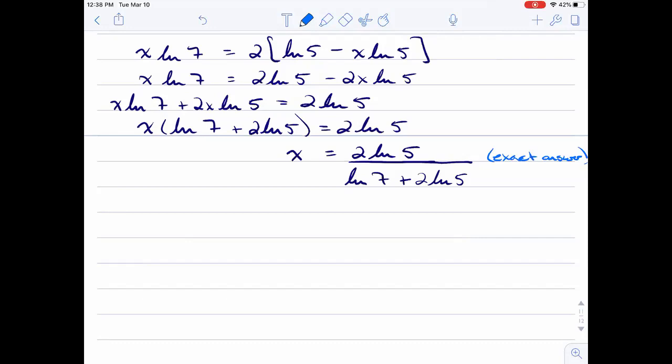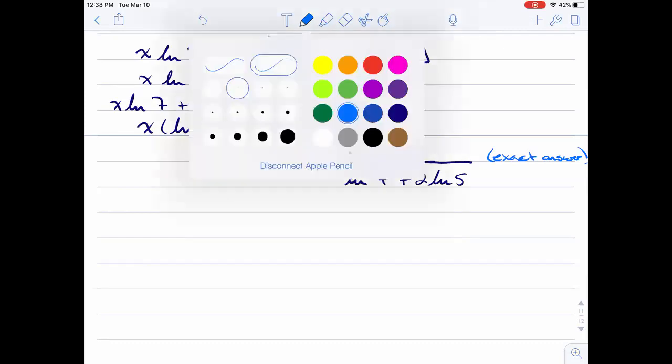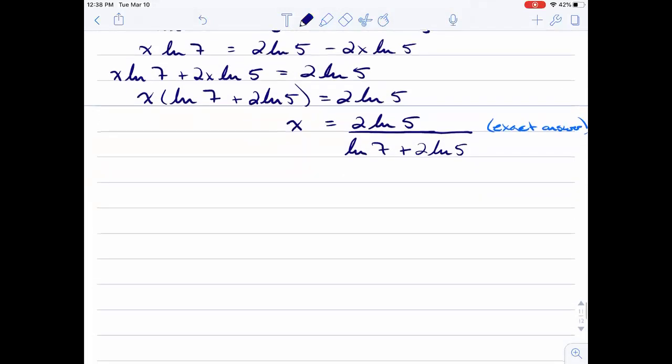That's a number. Once we plug that into our calculator, we get the approximate answer. Let's see if I can pull this together. I'm going to use my brackets carefully: 2 times the natural log of 5, but I am going to do it all in one go, divided by, and then bracket the natural log of 7 plus 2 times the natural log of 5.